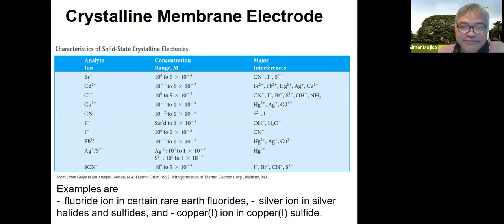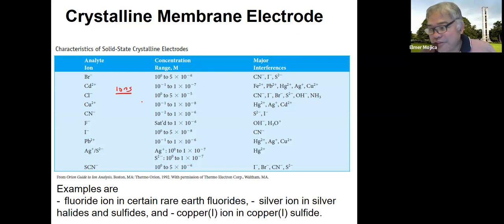And the characteristics of these solid state crystalline electrodes, if you're going to look at this, you use this for these different analytes. So most of them are what? Ions, because we're still in the ion selective electrode.